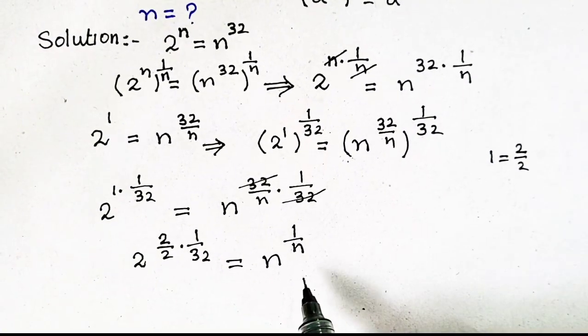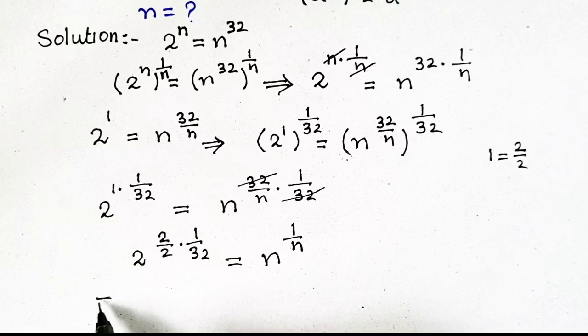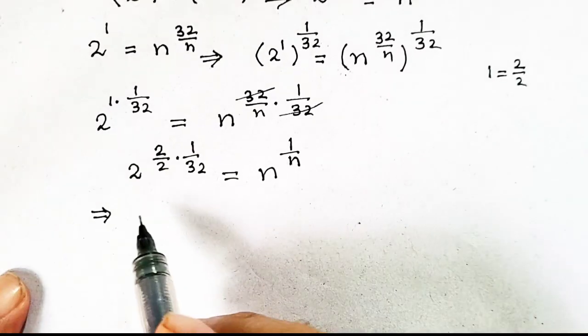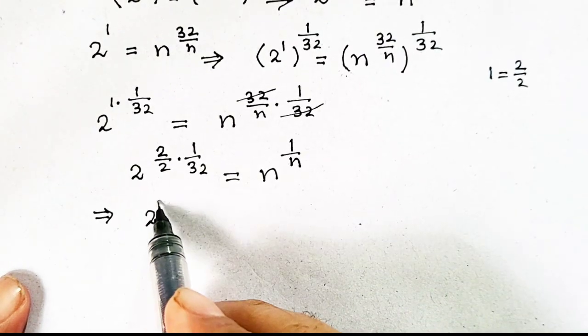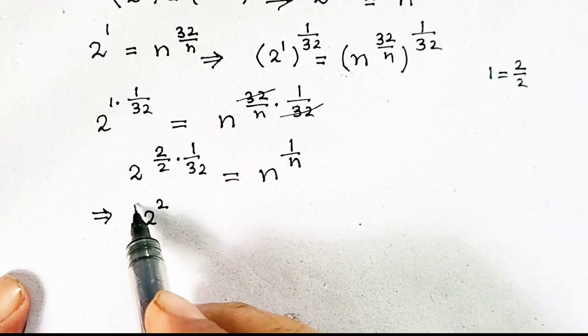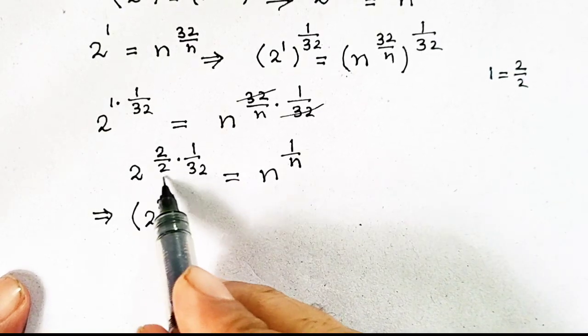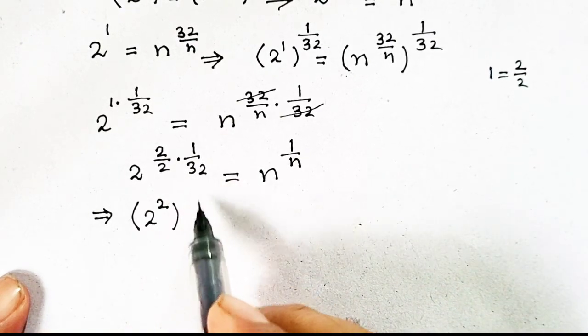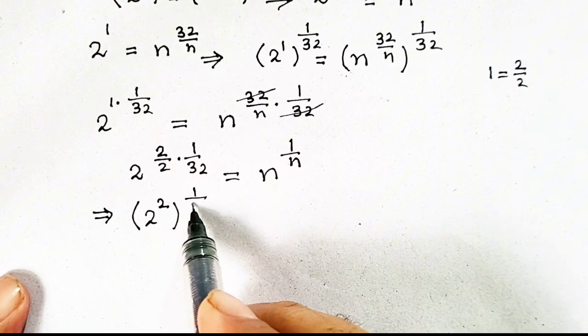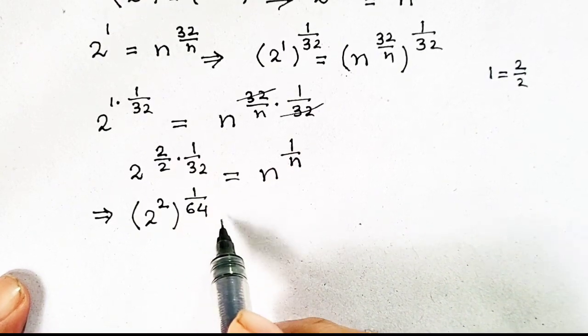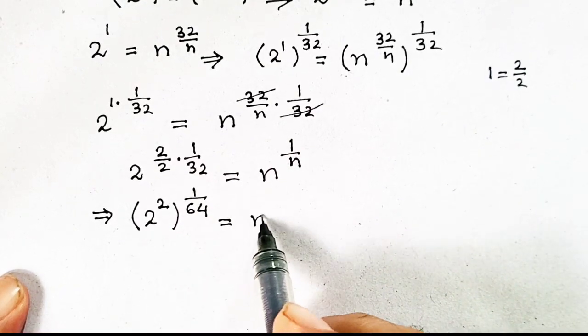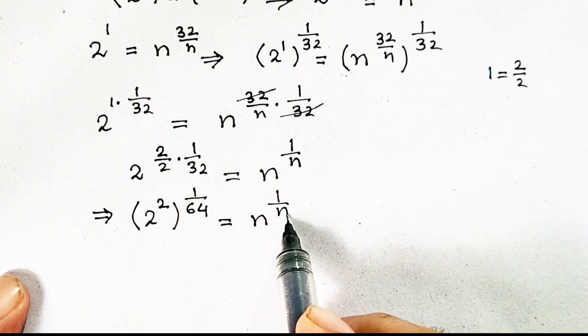Now we have 2 power 2 inside the bracket, and this 2 is multiplied with 32, so we will get 1 over 64, and here is n power 1 over n.